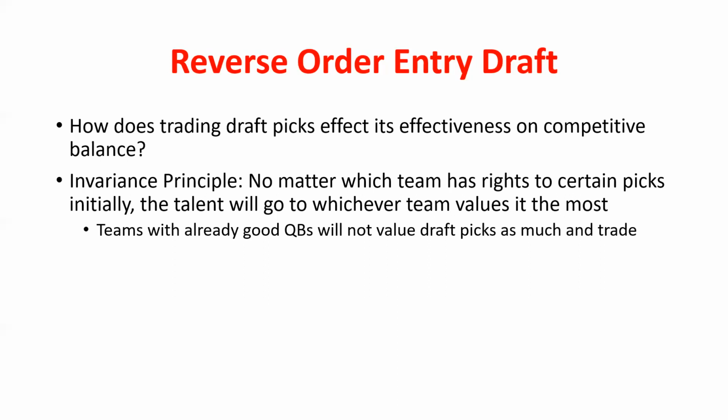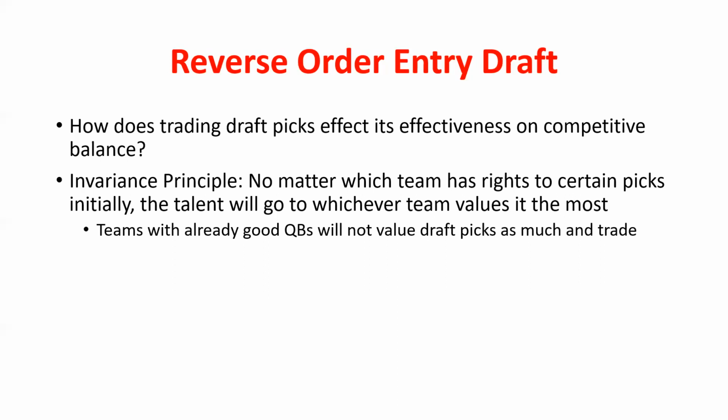So the value of the second pick can be very, very high. Let's say you've got a good draft class with like 4 or 5 good quarterbacks in it. The value of the second pick could be very high if the team that has the first pick doesn't need a quarterback. Because if I know that they're not going to take a quarterback, that second pick might as well be the first pick for my team, because we would pick the same person in the second position or in the first.